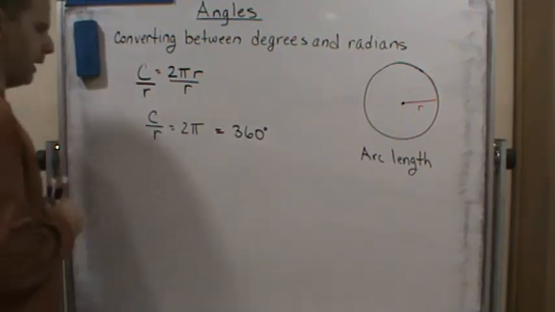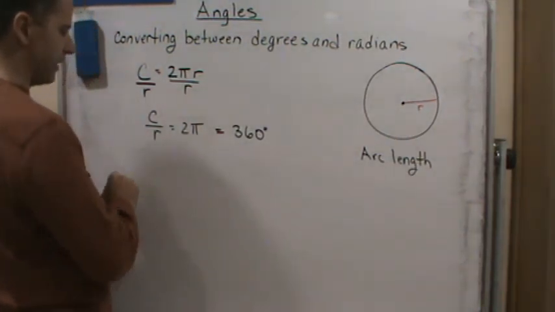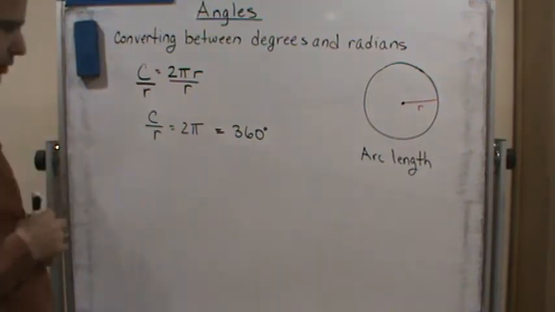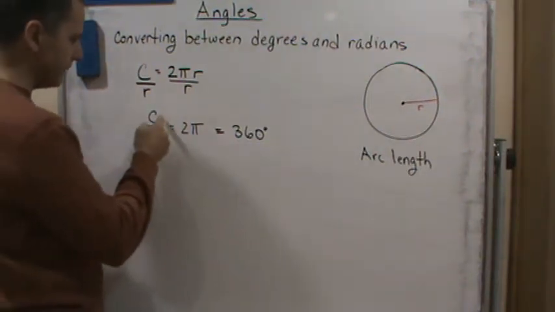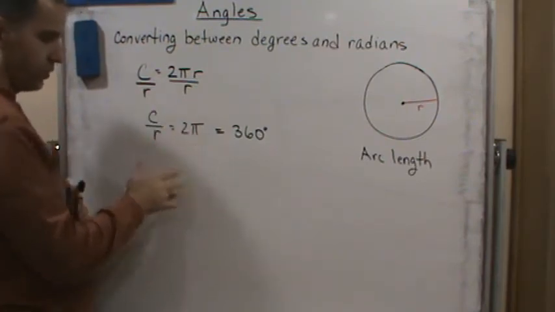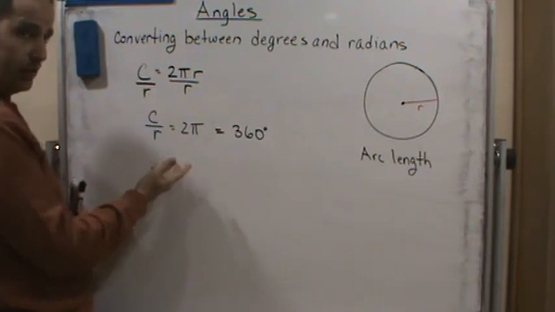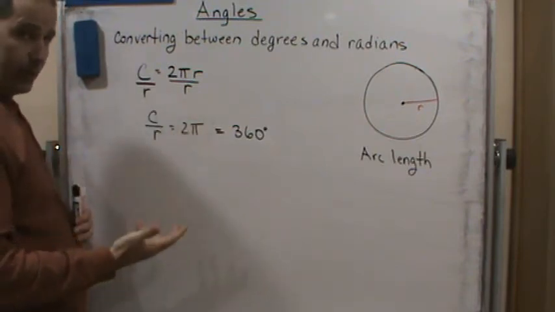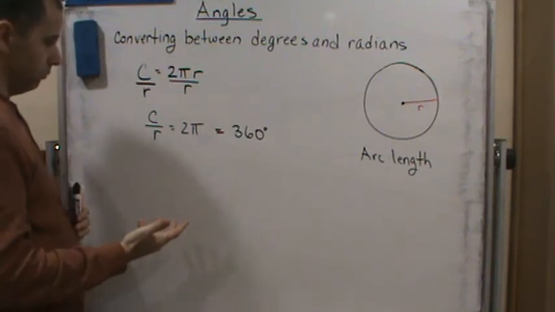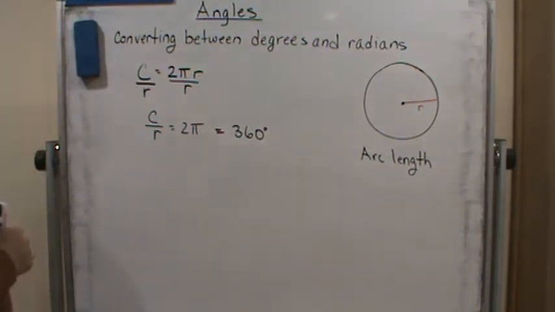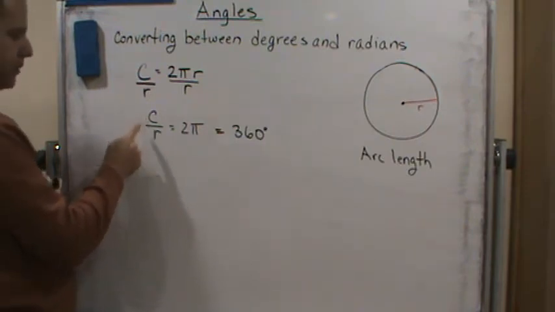Also, keep in mind that this ratio is a length divided by a length, so the dimensions cancel out. So this is a unitless number, and this is how we define a radian. This is what we call the radian measure.